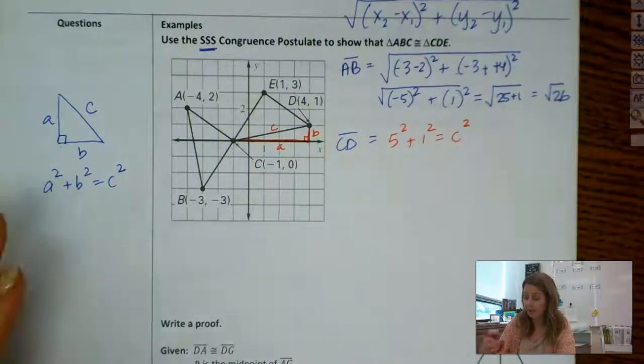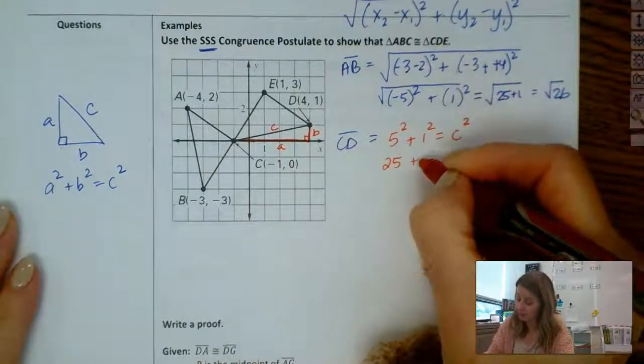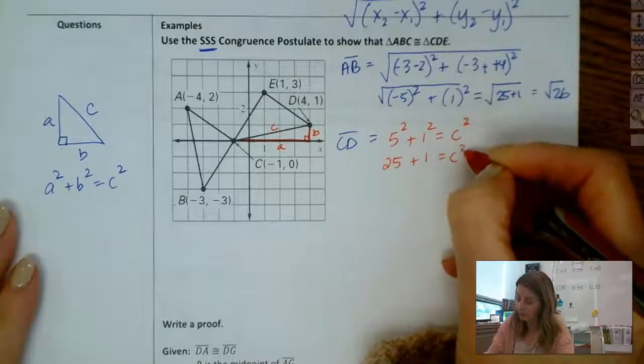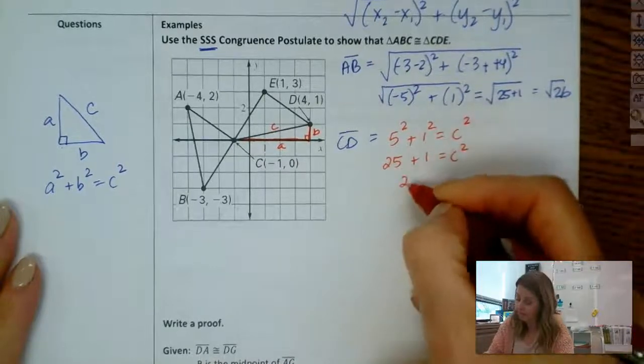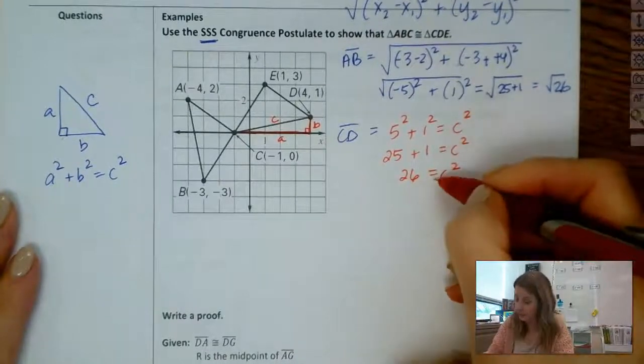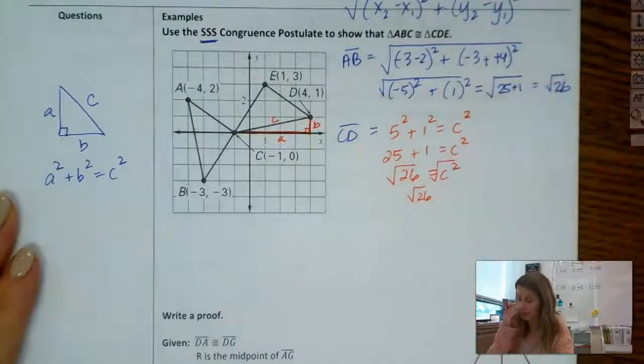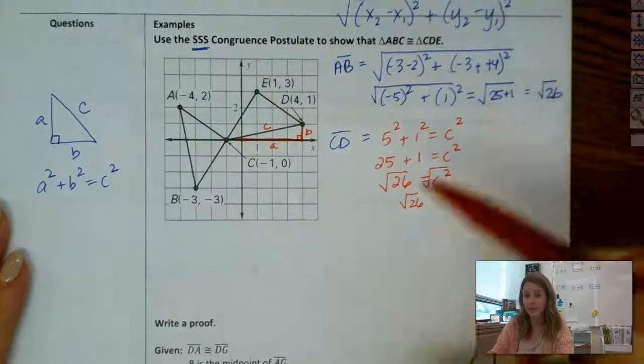So now I can just solve this out. So 5 squared is 25. 1 squared is 1, C squared. 25 and 1 is 26. And when I solve for C squared, I need to take the square root of both sides. So I get the square root of 26, which matches what I have here.